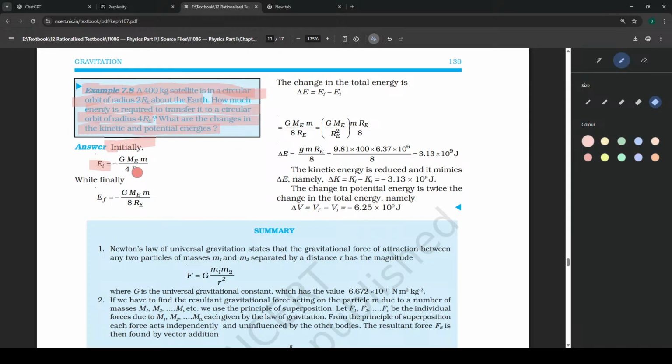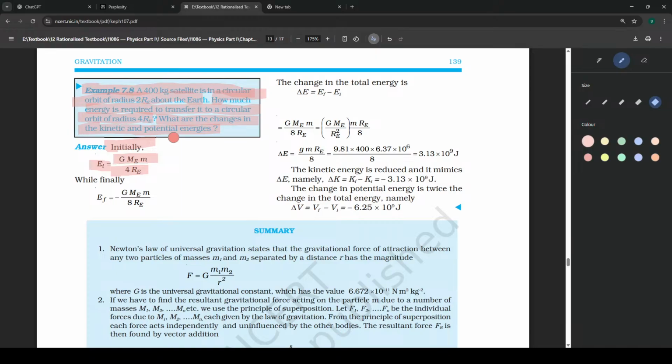Initially, the energy should be minus GMEm by 4 RE. This is a basic formula. The total energy should be the sum of kinetic and potential energies. Kinetic energy is positive GMEm by 4 RE.